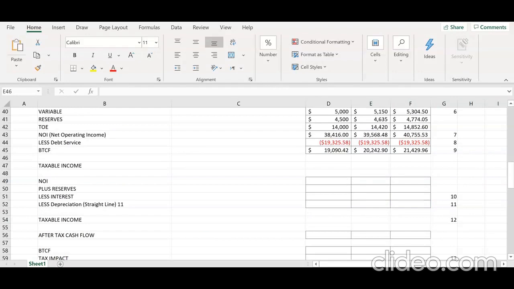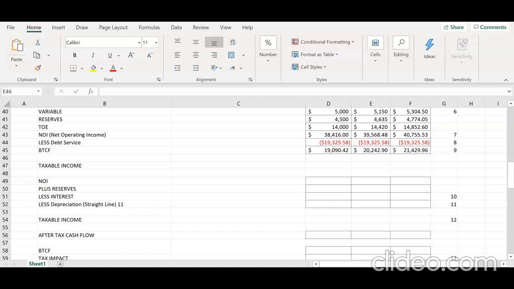For the taxable income part, I proceeded to calculate the taxable income. Net operating income and reserves are as already calculated in the previous step, so I reference that. Interest paid per year is calculated using the CUMIPMT Excel function.